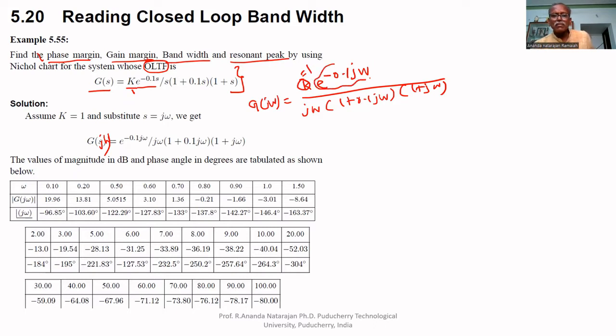The magnitude of the exponential term is always equal to 1. Its phase is changing, the angle is changing as omega varies, so this is a delay function, or phase shift alone function.